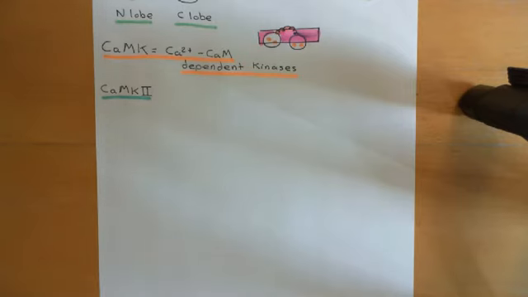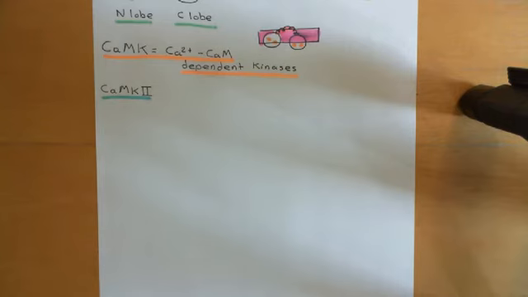These will then activate the CamKinase enzymes, and then the CamKinase enzymes will phosphorylate many other targets, and that will propagate the signal further. It will affect the behavior of a huge number of targets, and that's one of the means by which calcium signals can have a very broad effect on the cell.